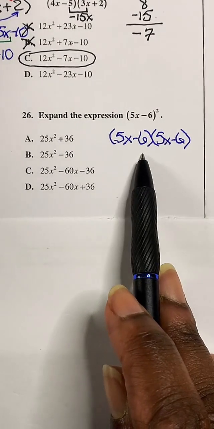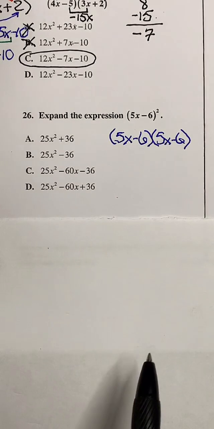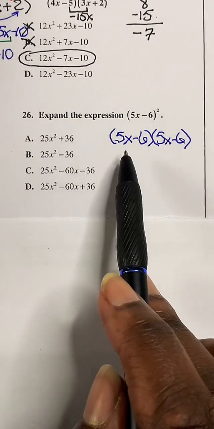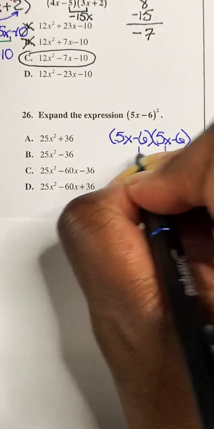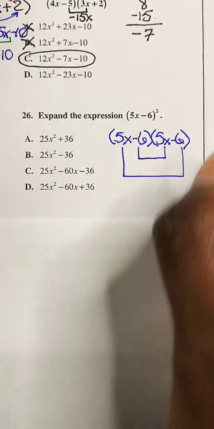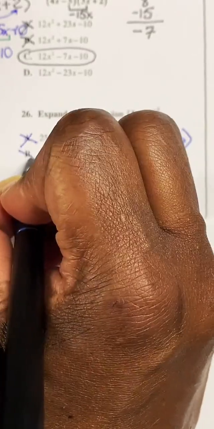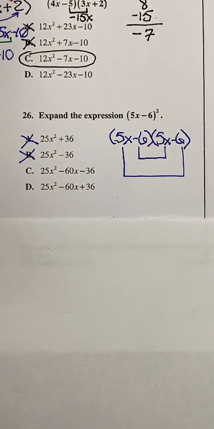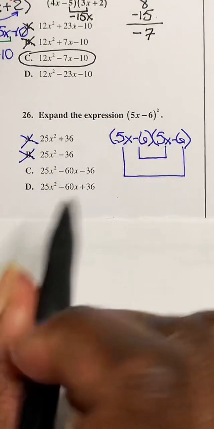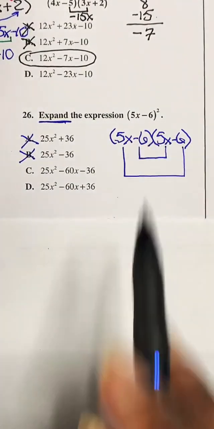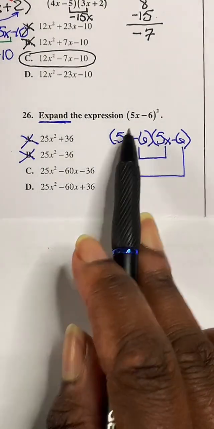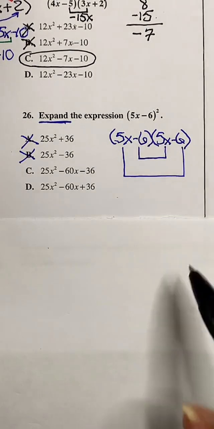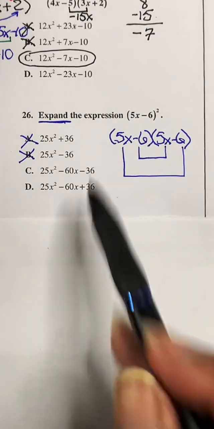You could do the distributive property that we just did earlier, but because I am going to have a middle section, that means option A and option B are out. They even say the word expand. So this is the condensed version, and we need to expand it. You're not just going to square this and square that and boom, that's my answer. No, that is incorrect.